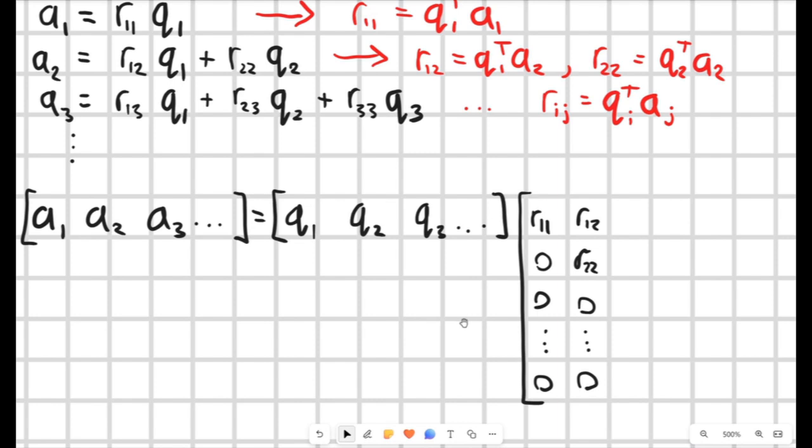I'm sure you can see the pattern here. This column A3 is going to be equal to Q1 multiplied by R13, plus Q2 multiplied by R23, plus Q3 multiplied by R33.